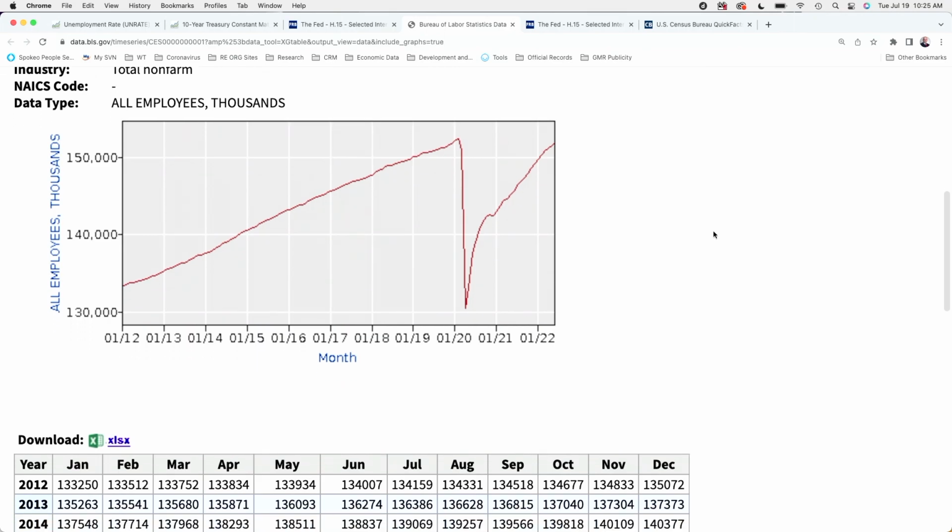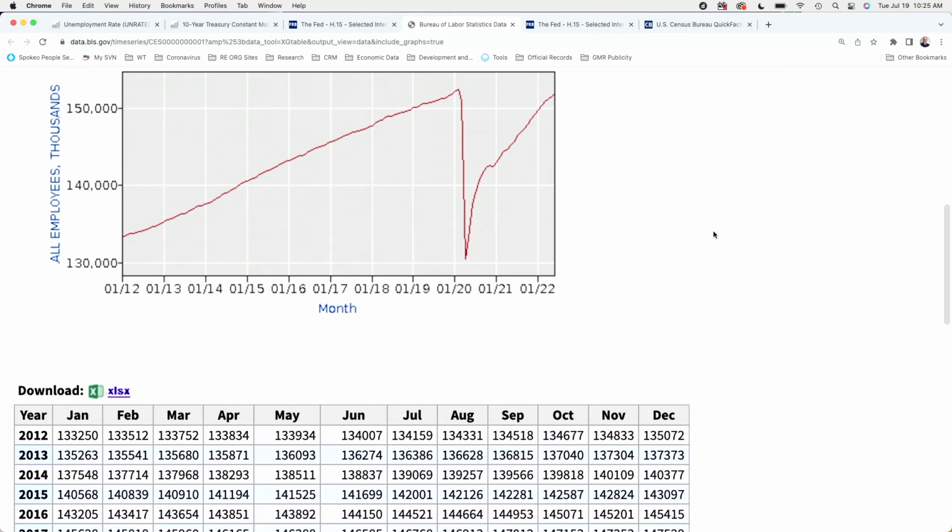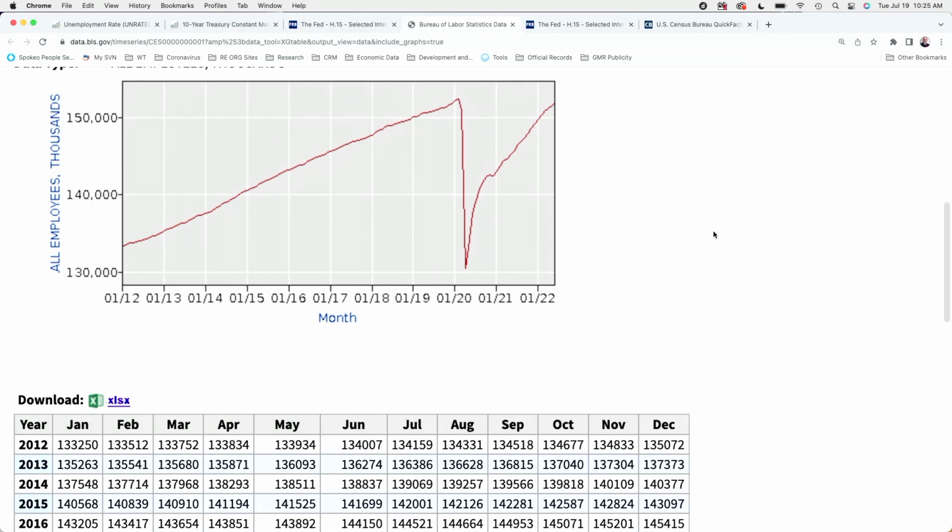So let me add one item for you to keep in mind when we look at this. This is the Bureau of Labor Statistics, a graph showing establishment survey non-farm employment going back for 10 years. Well, you can see what happened here.